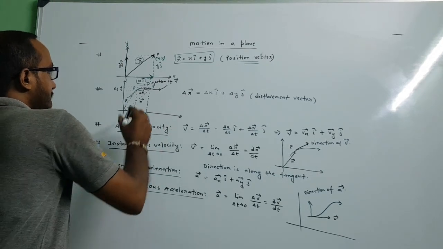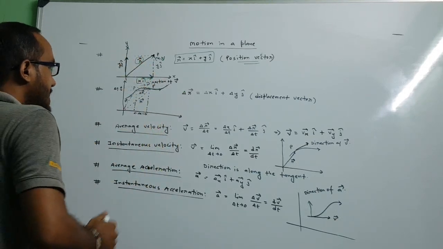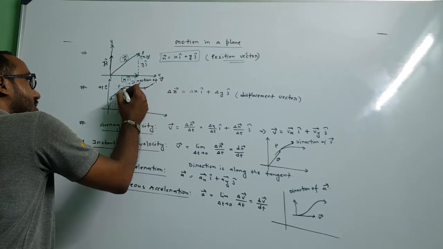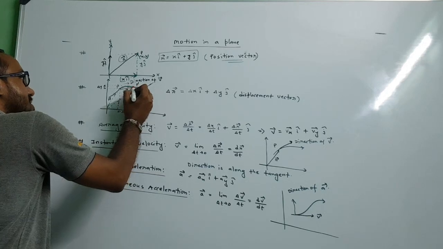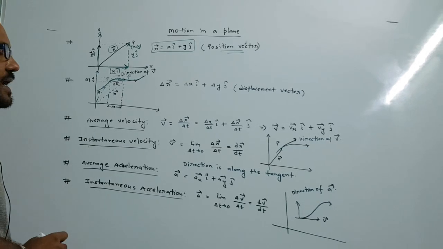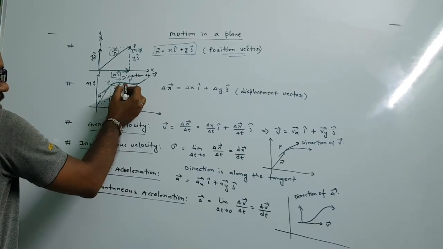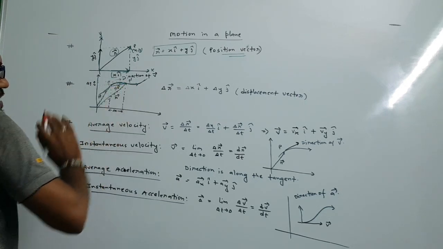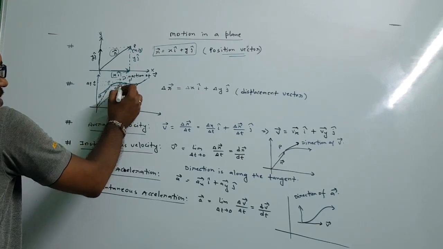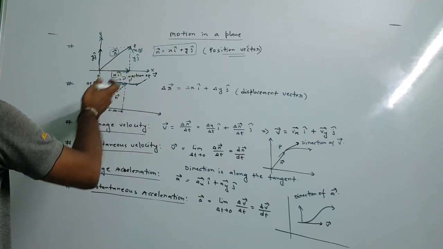Now let us say a particle is moving in this path, in this manner. If the object moves from this point to this point, and this position vector is r and this position vector is r prime, then see the direction, it is towards p and p prime.